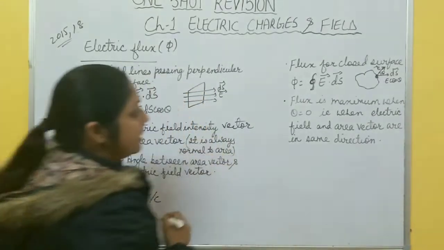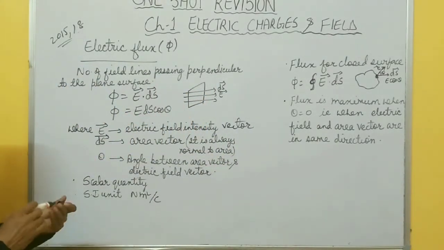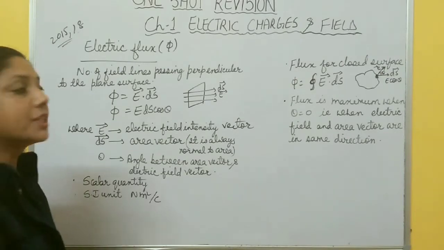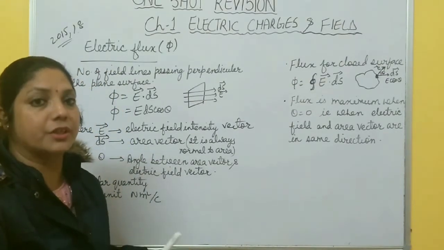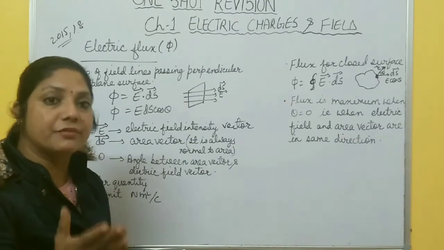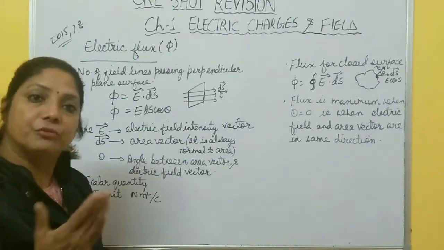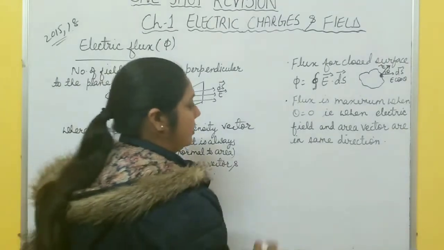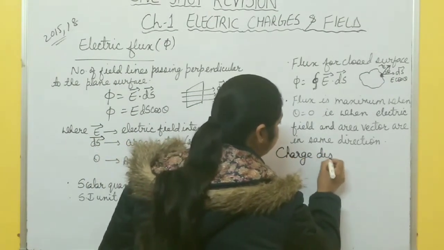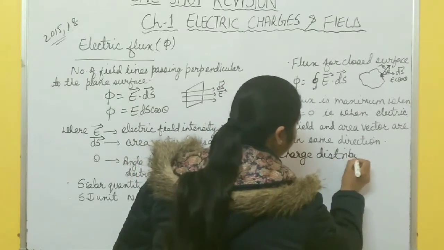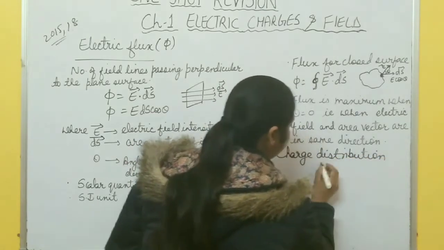So this is about flux. Then after this we will discuss Gauss theorem, but before starting Gauss theorem, you must know about charge distribution: linear charge distribution, surface charge distribution and volume charge distribution. There are 3 types of charge distribution, right?